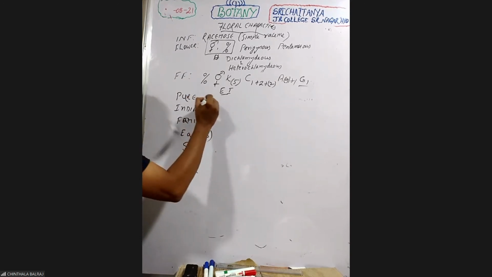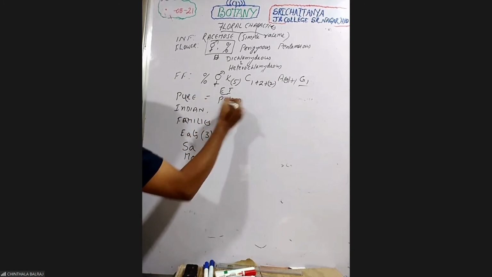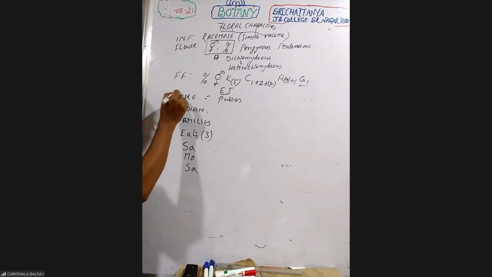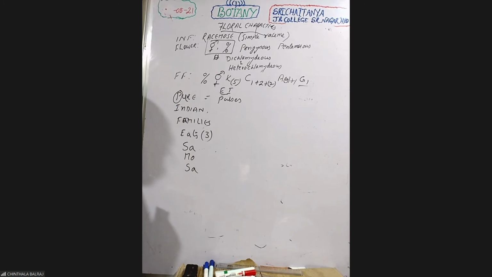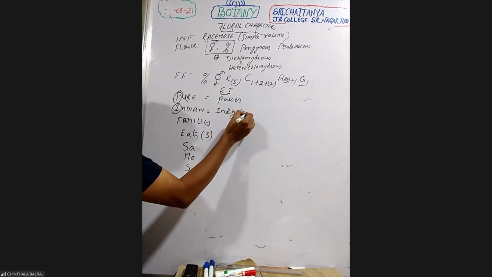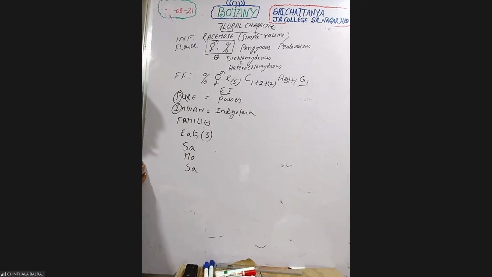P for pulses. I for Indigofera, dye plant. Is there Indigofera as a dye plant? Open the book, all of you. It's there, sir. Which family?